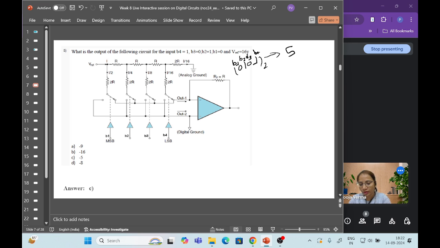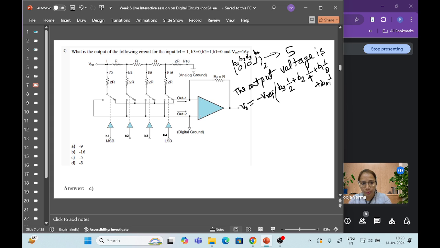Right? Okay. So as we know, for the R2R ladder network the output voltage is V naught equal to minus V reference, it is also given in the slide, B3 into 1 by 2 plus B2 into 1 by 4 plus B1 into 1 by 8 plus B0 into 1 by 16, right?